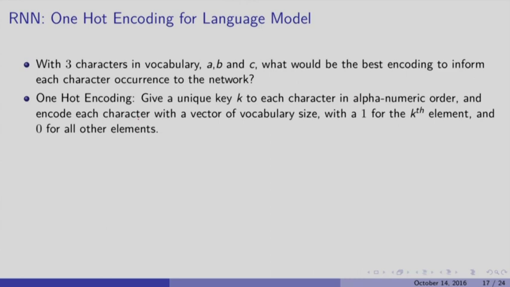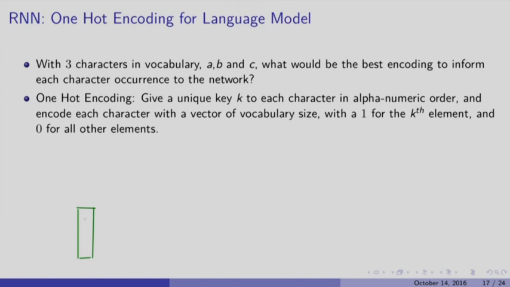Now, how does this actually happen for the language model demo that we just showed? Let's start with a simple setting, and let's say we have 3 characters, A or B or C. Now the input at any point of time is either an A or a B or a C. A very often used encoding for this vocabulary, and the way you let the network know that a particular input was seen, is through this so-called one-hot encoding.